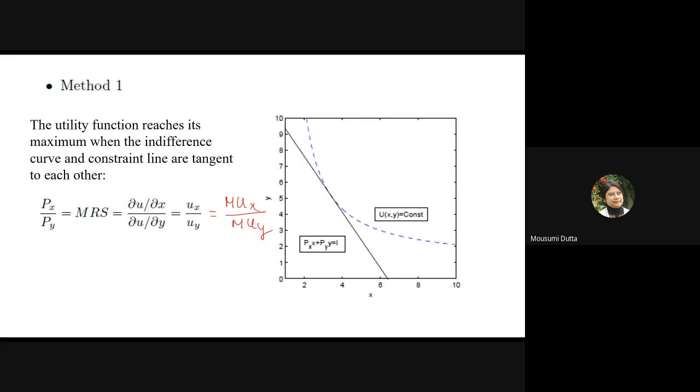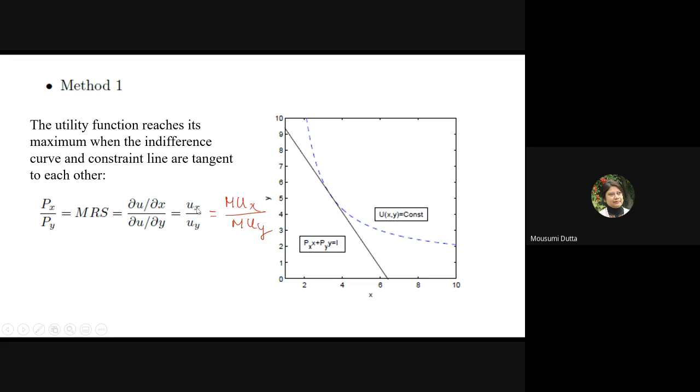So the solution can be written as px by py is equal to mrs, or px by py is equal to ux by uy, which is equal to mux by muy.